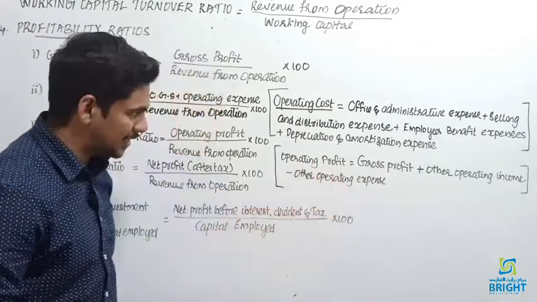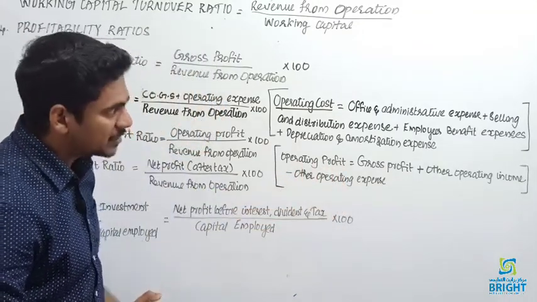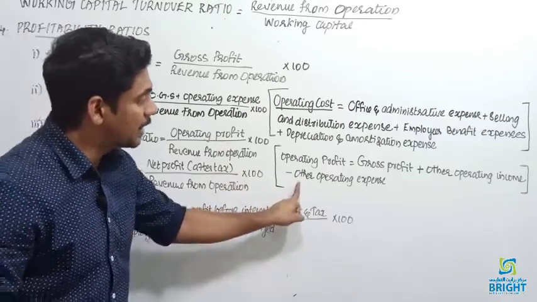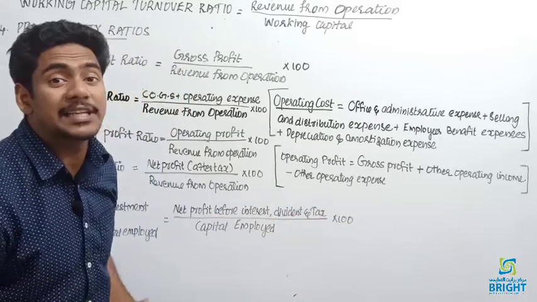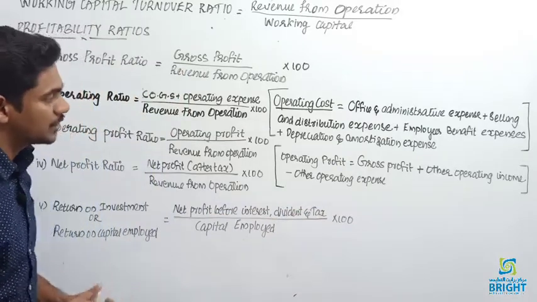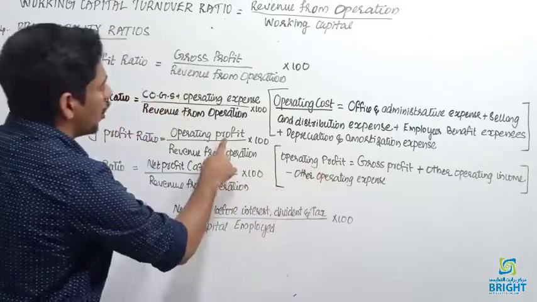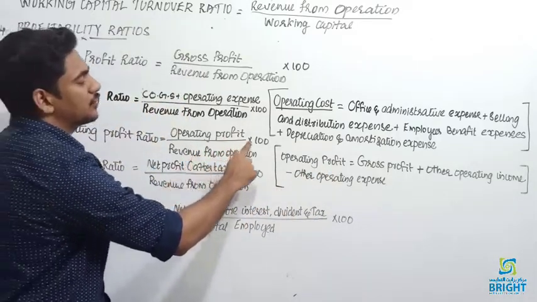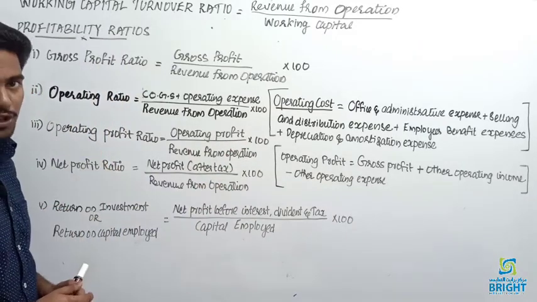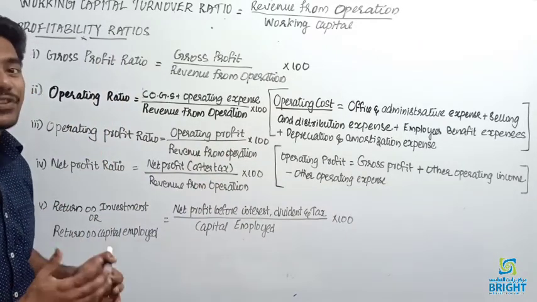Operating profit is equal to gross profit plus other operating income minus other operating expenses. Operating profit divided by revenue from operation into 100 will give you the operating profit ratio, the operating efficiency of the firm.